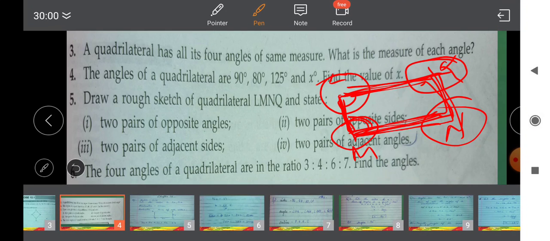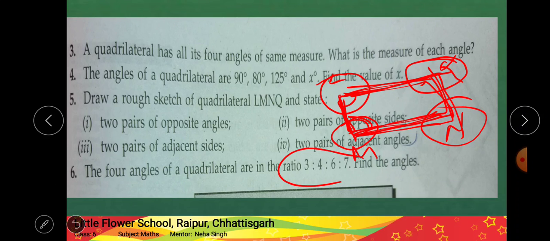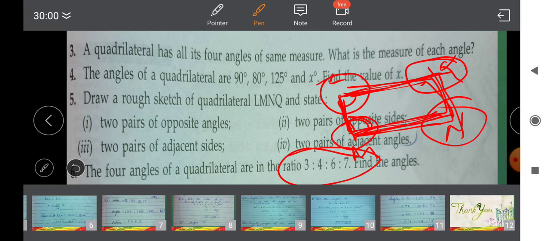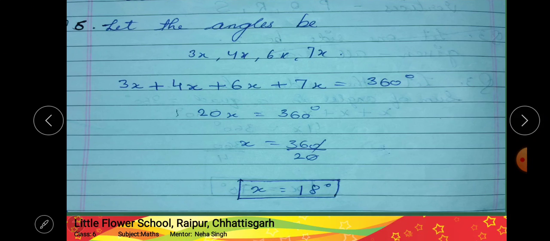Now question number 6. The four angles of a quadrilateral are in the ratio 3:4:6:7. Find the angles. See here, let the ratio be x. So what will be the angles? 3x, 4x, 6x and 7x, since the ratio is given.